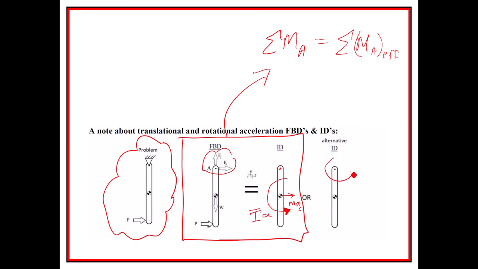Alternatively, we could simply write I_A alpha. That is a different alternative equation: the sum of the moments about A is equal to I_A alpha. Two different techniques to do the same thing.